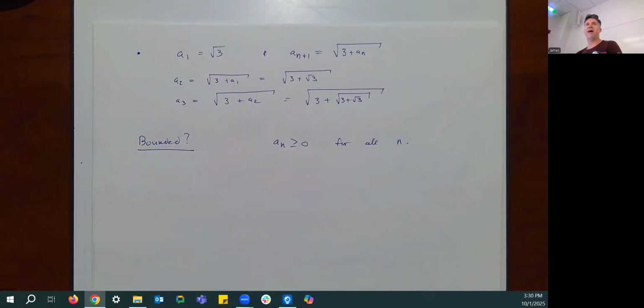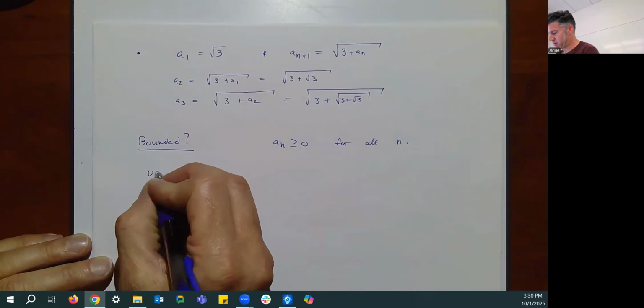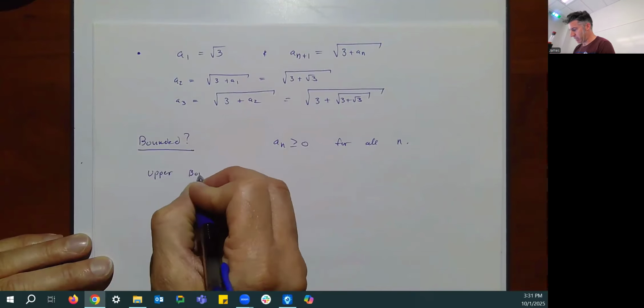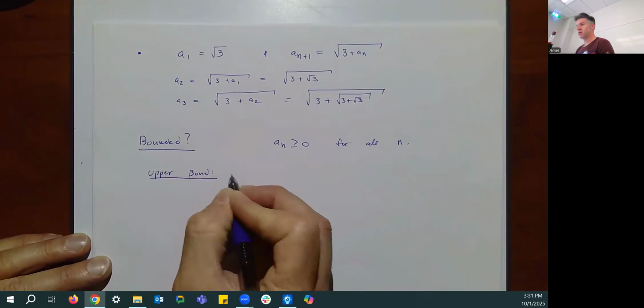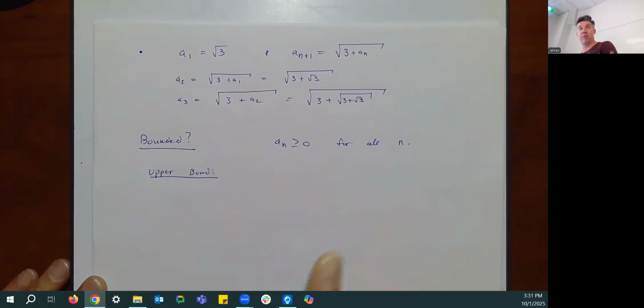Then you have to make a guess, kind of, and the guess here is going to come from knowing what the limit actually is. So we're going to come back to the upper bound in a second. I promise you there is an upper bound, but you kind of need to know what the limit is to make the argument for what the upper bound is going to be, at least to do it nicely. So we're going to skip that part for now and come back to it.